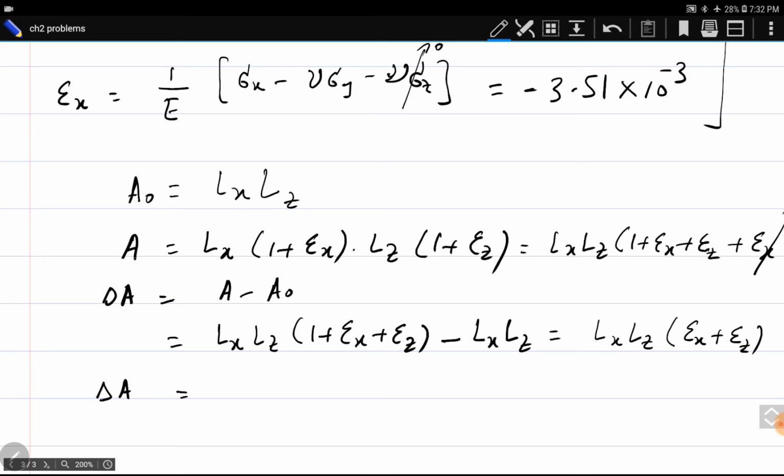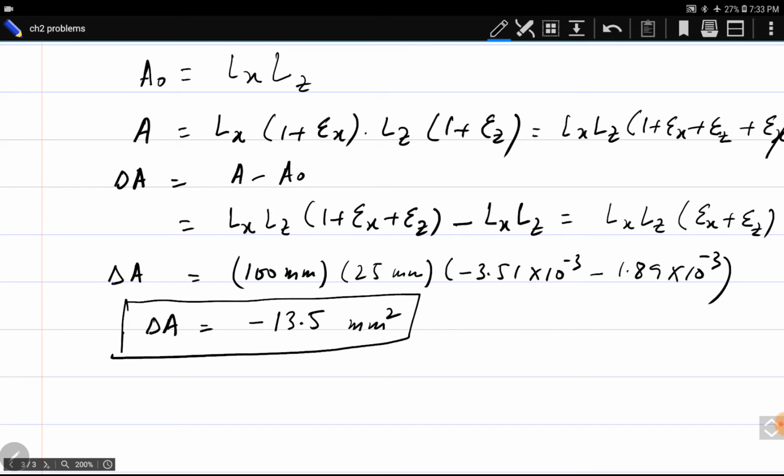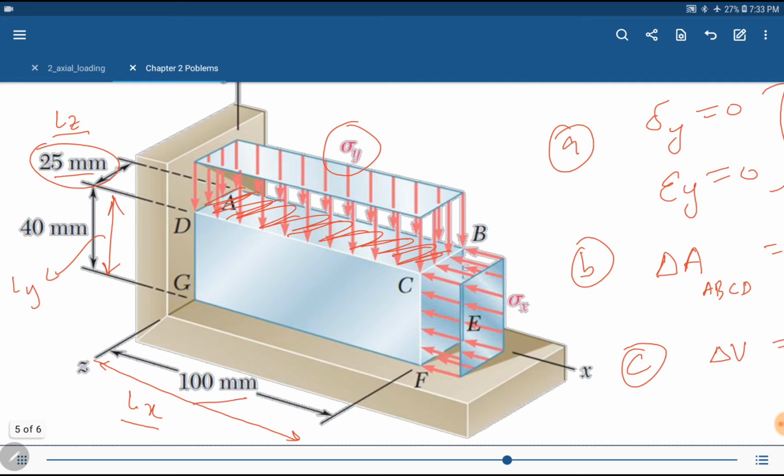By putting the values, length in x direction is 100 mm, length in z direction is 25 mm, strains are minus 3.51 into 10 to the power minus 3 and minus 1.89 into 10 to the power minus 3. So the change in area will be minus 13.5 millimeter squared. This is the change in area of surface ABCD.